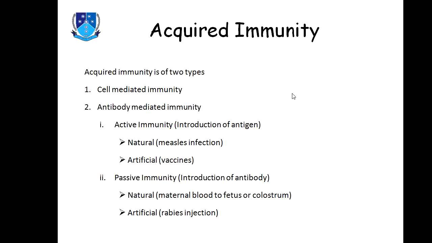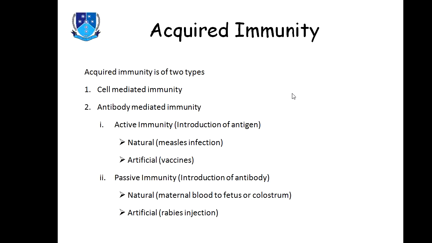The T cells originate from the bone marrow, and then those T cells get matured inside the thymus or other glands, for example the lymph nodes also.